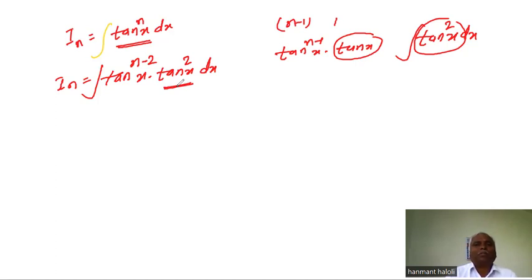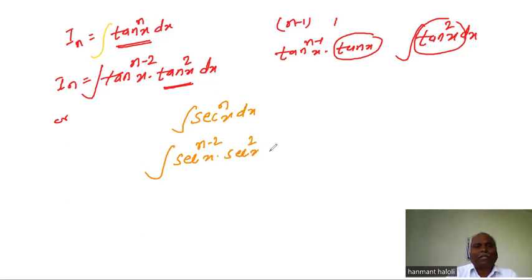Even for sec, suppose the integral of sec^n x dx. If you want to split this integral, you split it into sec^(n-2) x into sec square x dx. Here you can easily integrate the second part, sec square x. That's why, while splitting other terms, you can take two terms as integral terms.